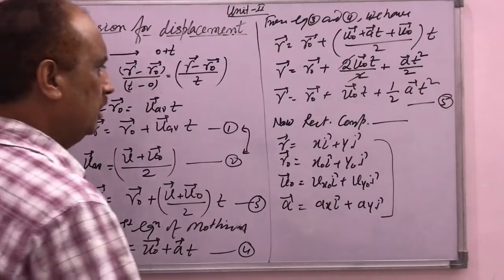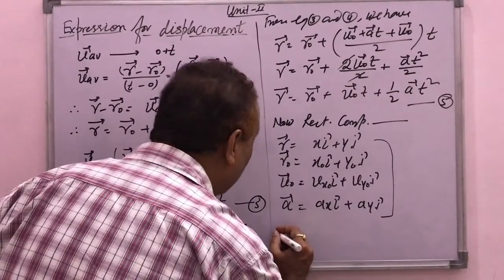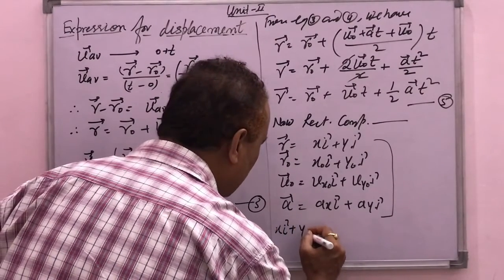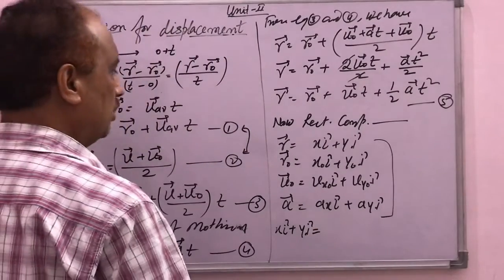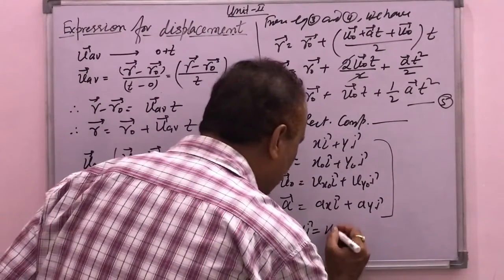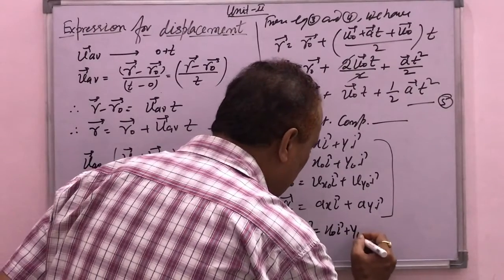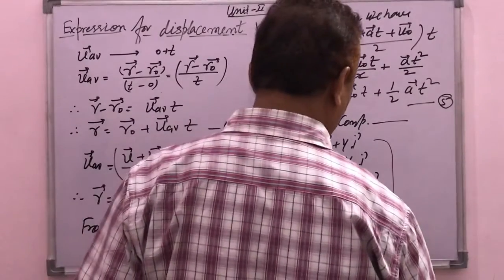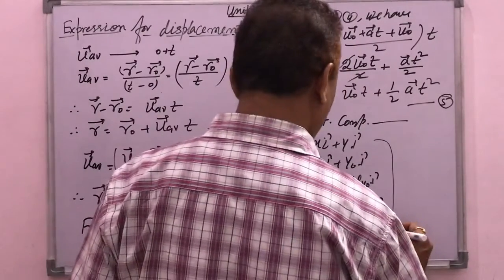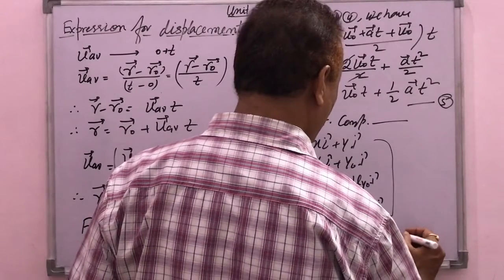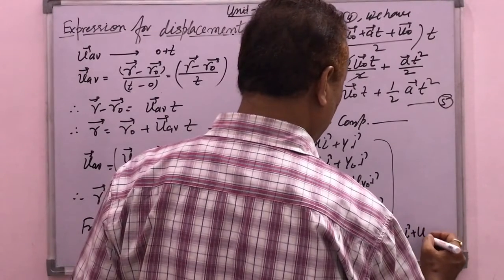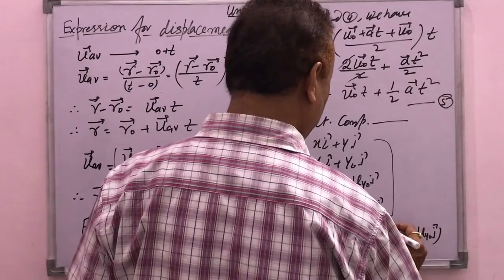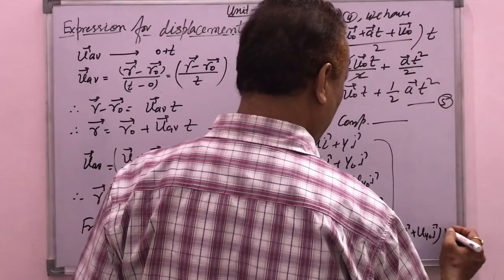So equation number 5 can be written as R vector, meaning x i unit vector plus y j unit vector, equal to R naught, meaning x naught i unit vector plus y naught j unit vector, as the first term. Then the second term is plus V naught t, so V naught means v x naught i unit vector plus v y naught j unit vector, multiplied by t.